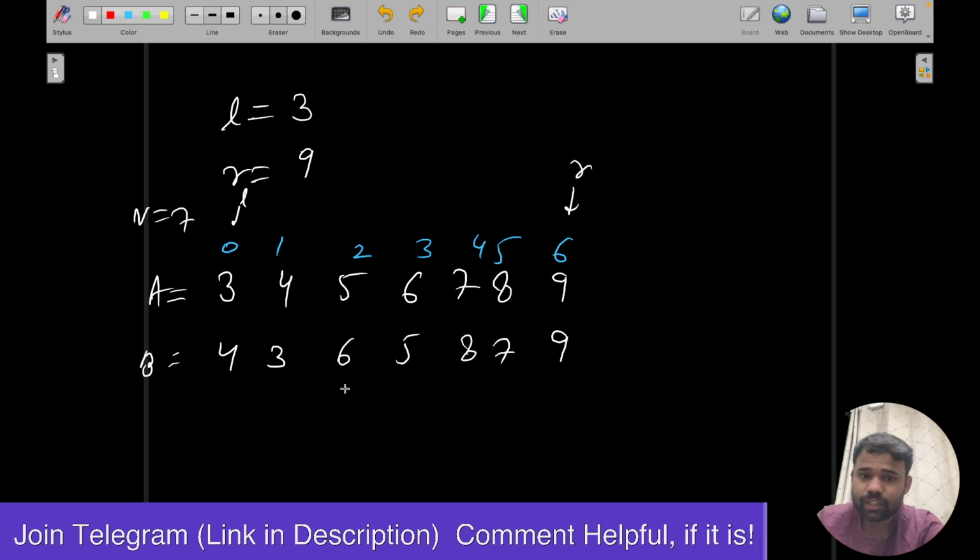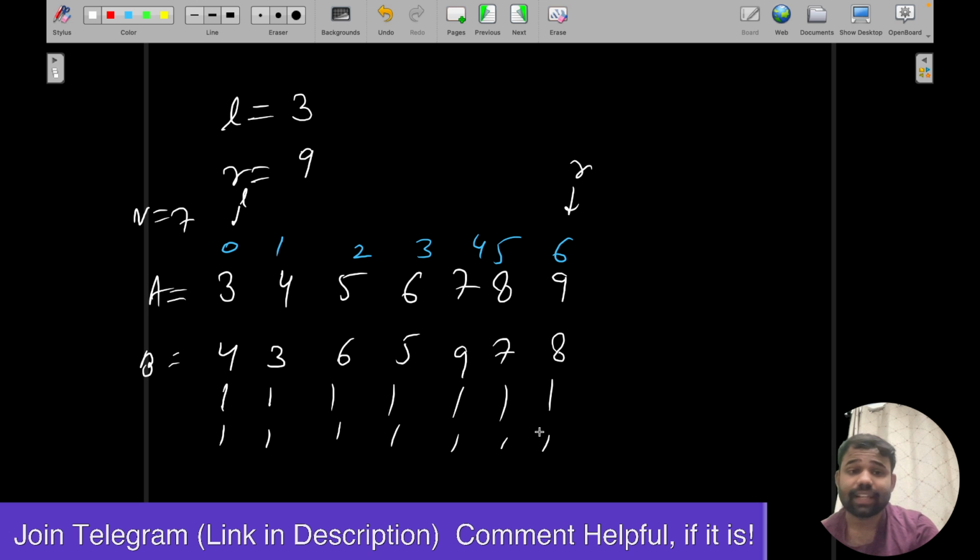We also cannot swap this, because again 6 and 9 will give you GCD 3. We cannot swap this, because if 9 comes here, this will give you GCD 3. Okay, can we swap this? Yeah, we can actually swap this. Now you can see all of them are giving GCD 1.